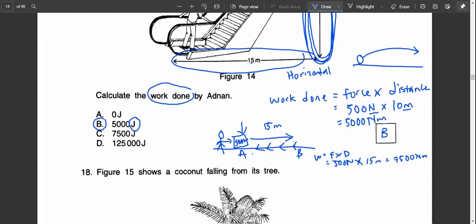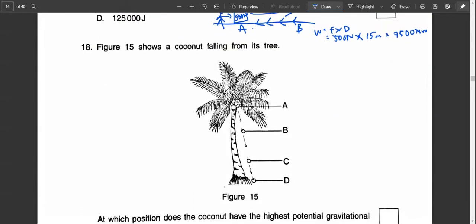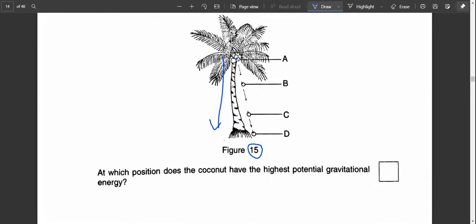Okay, number 18, figure 15 shows a coconut falling from its tree. So figure 15 is this one, and you can see the coconut falling from on top of here, then it's going downwards. At which position does the coconut have the highest potential energy, gravitational potential energy? When we talk about gravity, we always talk about the height or the location of the object.